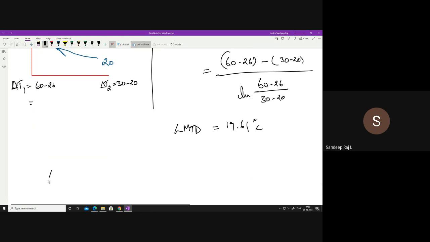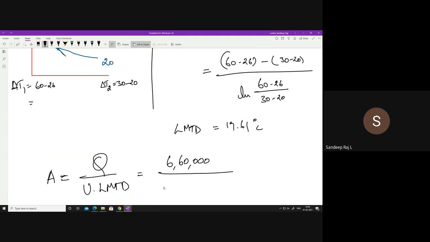So if you want A here, the formula is Q by U into LMTD. So Q value, I've already found out previously. U value is also given in the question, U value 300.